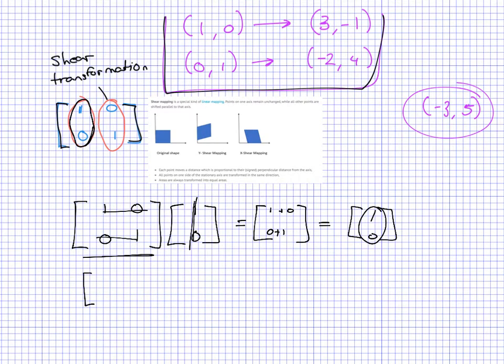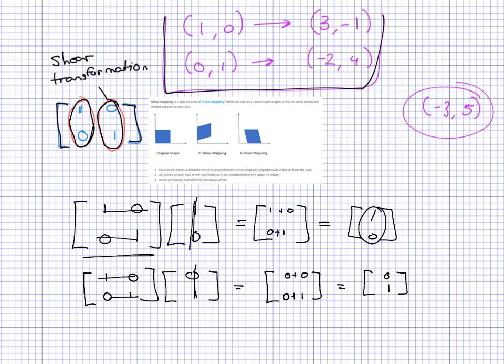All right, so if we try it again, we'll do (1, 0; 0, 1), but this time I'm going to multiply it by the point (0, 1). I'll do rows by columns. I'm going to have 0 plus 0, and in the bottom row I'm going to have 0 plus 1, which is just (0, 1). Now compare that to the second column in the transformation matrix, and you'll see that they're the same as well.